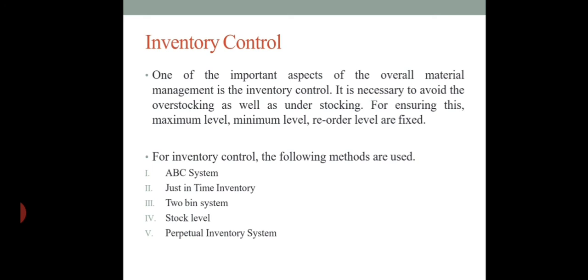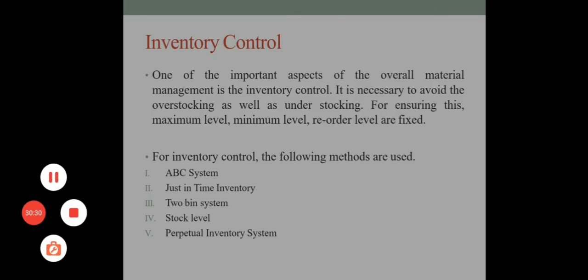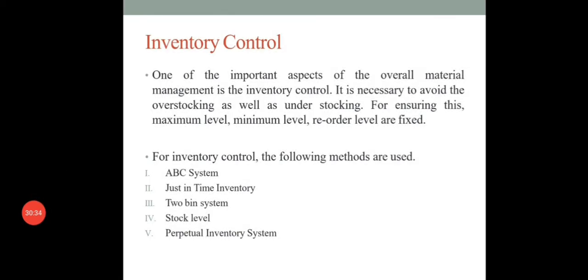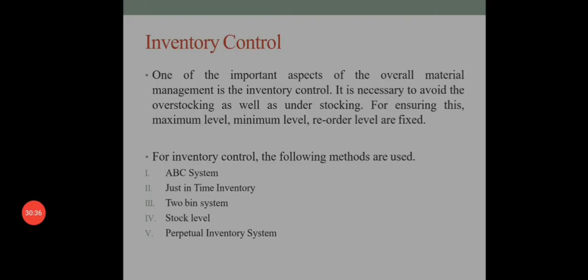In inventory control, four different methods are used: the ABC system, just in time inventory, two bin system, stock level, and the perpetual inventory system. We will see this inventory control in the next class.